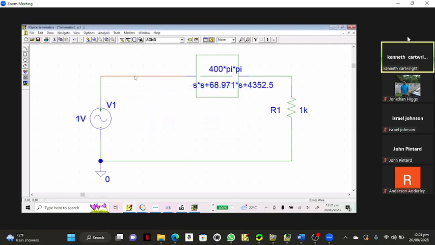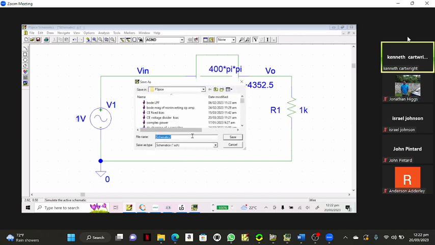We call this the in, and this the out. And we simulate. Let's call this Chebyshev.